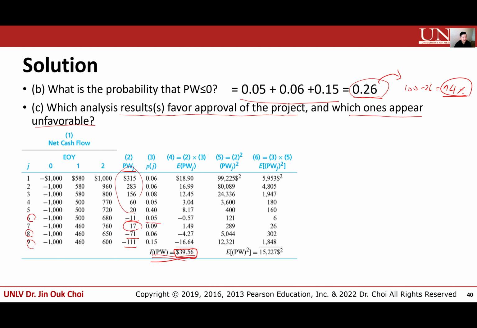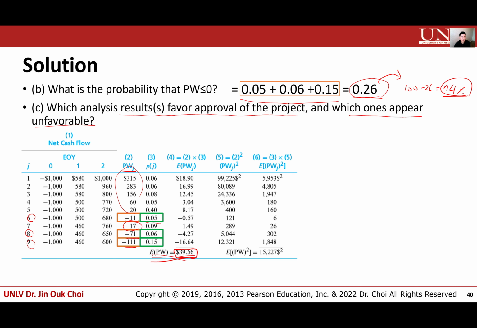This indicates a relatively high variability in the measurement of economic merit, present worth of the project, and is usually an unfavorable indicator of project acceptability.